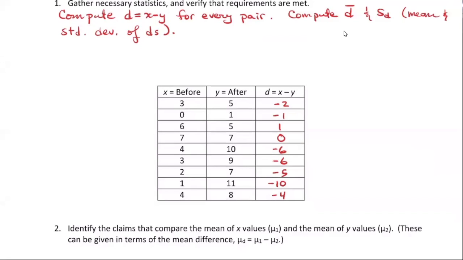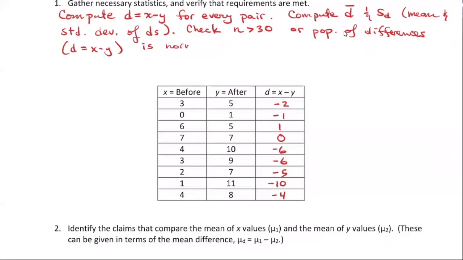Okay, so here you will check N is bigger than 30 or the population of D's is normal. Okay. So let's go ahead and get our mean.